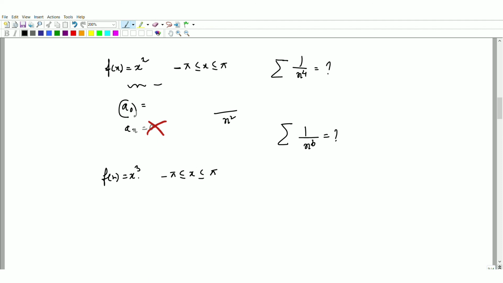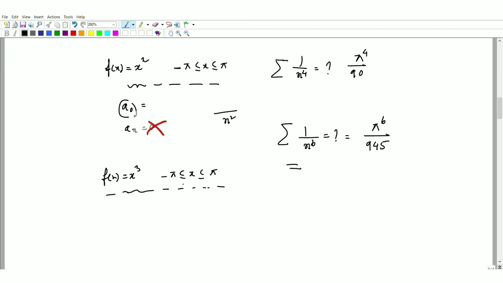Okay, so using that Fourier series and Parseval identity for this function, you can find this summation. So it will come pi to the power 6 by 945. These values we can obtain from this. Okay, so you can try by yourself.